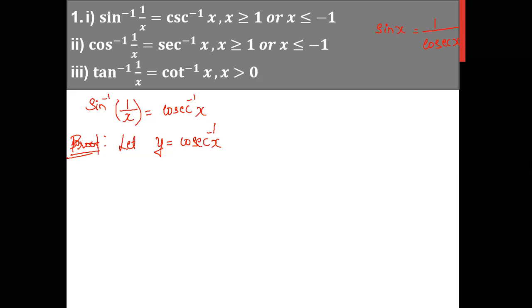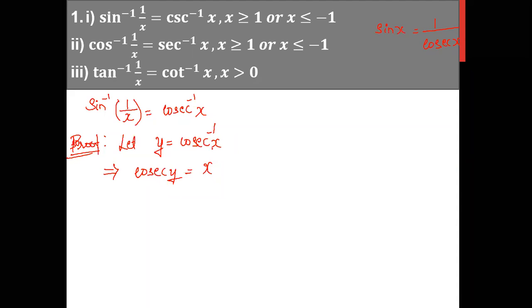So from y is equal to cosecant inverse x, can I write cosecant y is equal to x? What I have done is applied cosecant on both sides.